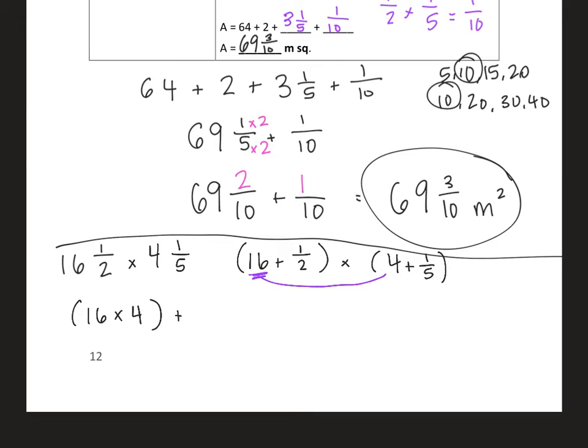I'm going to go back up to the 16, and I'm going to now multiply 16 times 1/5. Okay, plus, same thing here. Now I'm going to start with the 1/2, and I'm going to say 1/2 times 4. Plus, and then I'm going to go back to the 1/2 and say 1/2 times 1/5.